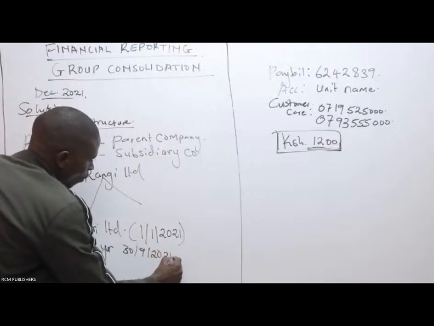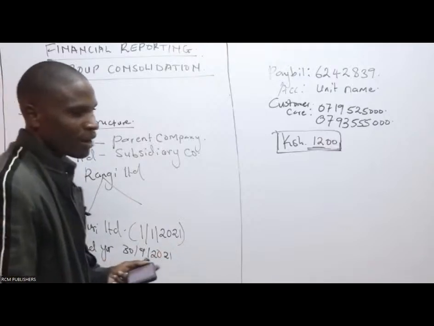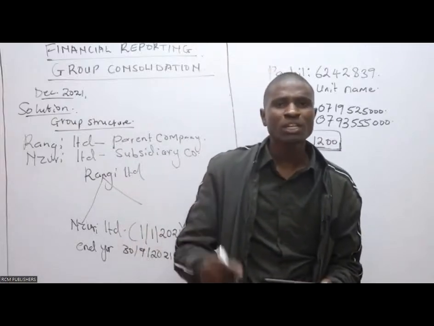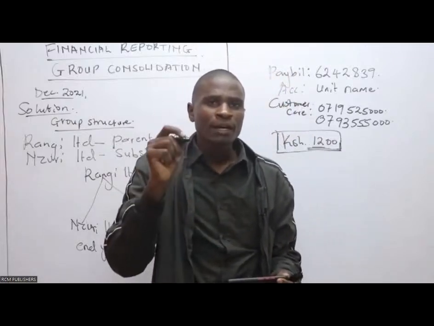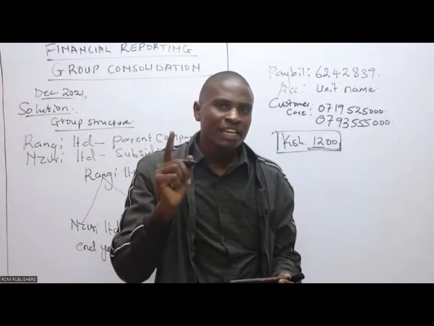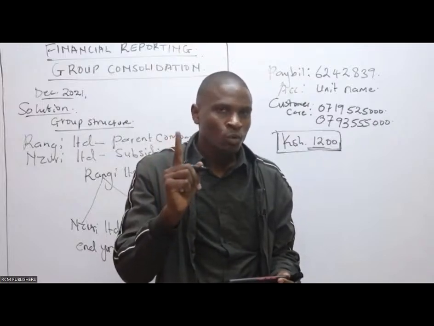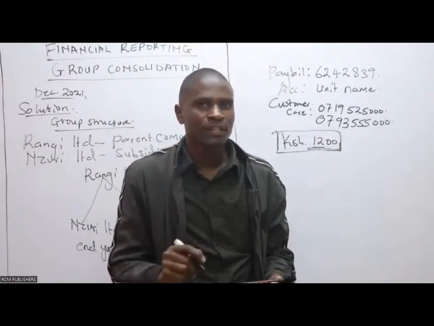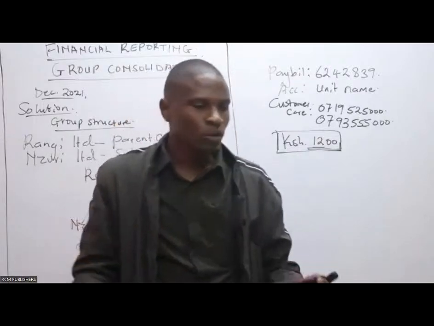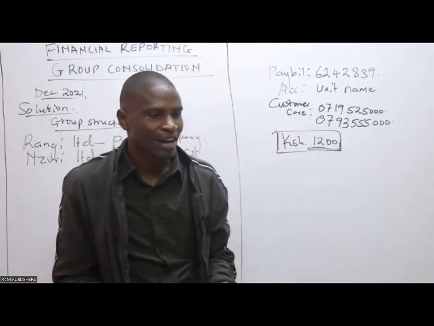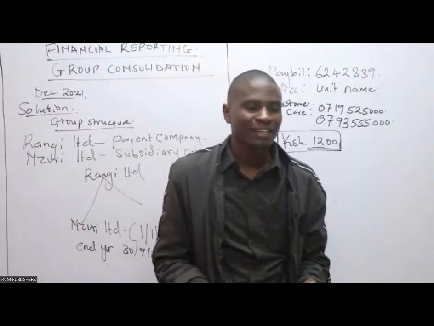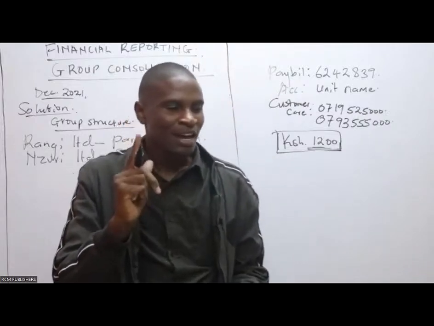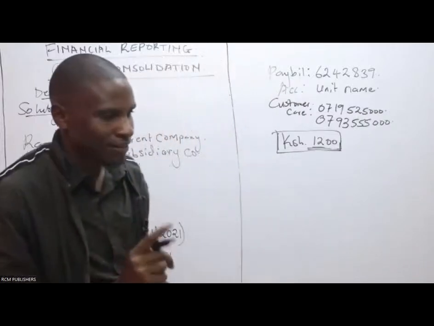Now I want a bright student to tell us, when is Langi Limited expected to make its financial reporting? Or when is it closing its books? This is very interesting, because that one matters to me as far as this is concerned.